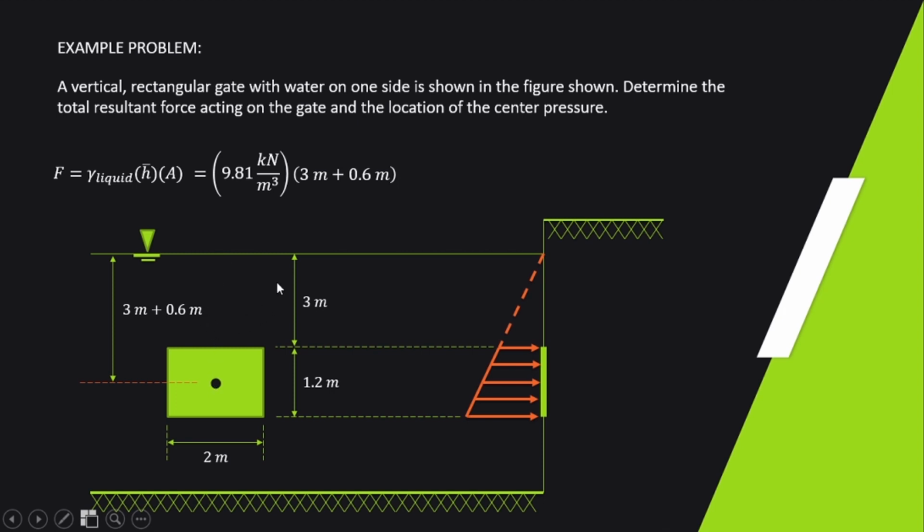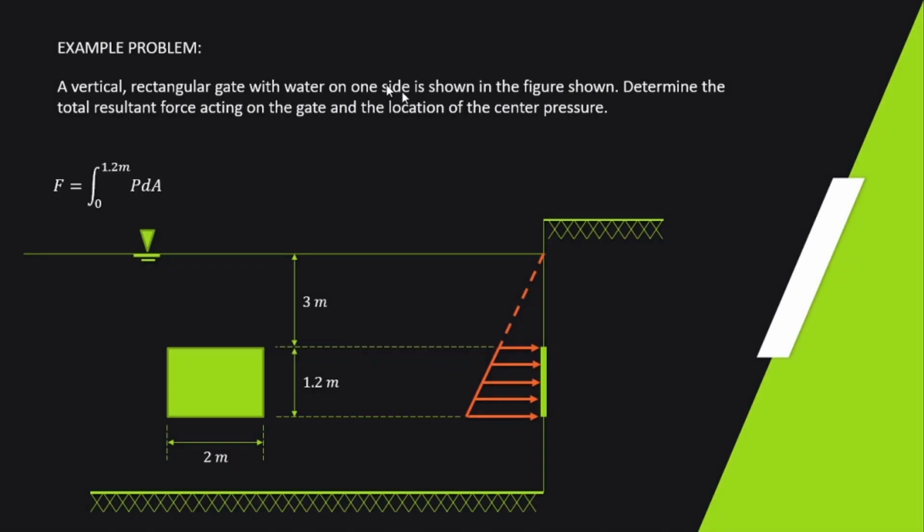So, meron tayong 3 meters and kalahati ng 1.2 kaya 3 plus 0.6 meters. Ito ang h bar. And ang area of our plate na 2 meters times 1.2 meters. So, pwede nyo guys i-pause ang video and i-calculate ang hydrostatic force. And the value of F is 84.7584 kilonewtons. And this is the first solution.